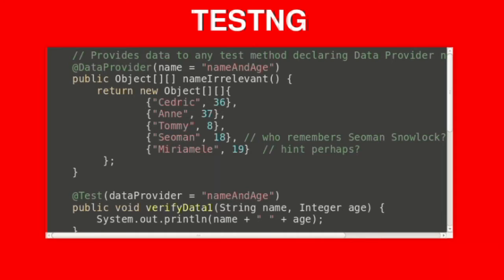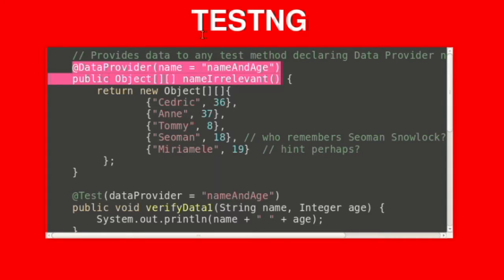Now, how does parameterized testing look here? First of all, you're creating a public Object matrix method which may have any name as long as you annotate it with DataProvider and the name you want.